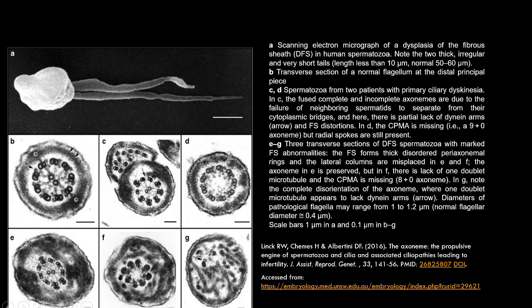In D, there is no central singlets, so this is again a pathology, a problem. Now these sperms E, F, G, there is some kind of abnormality with the fibrous sheath that is surrounding the axoneme. So again, this will result in sterile sperms.